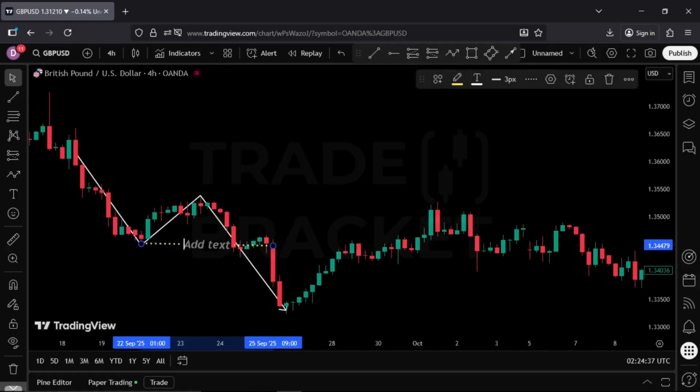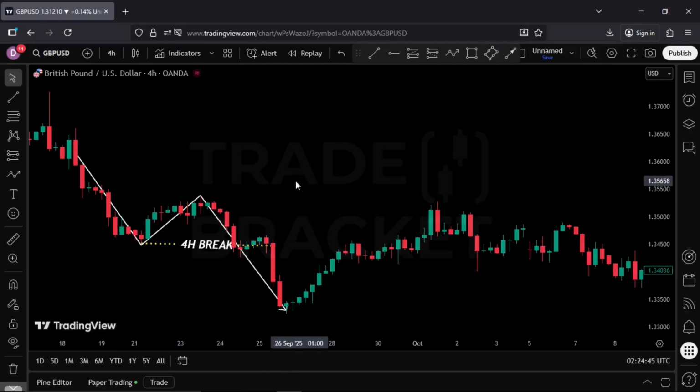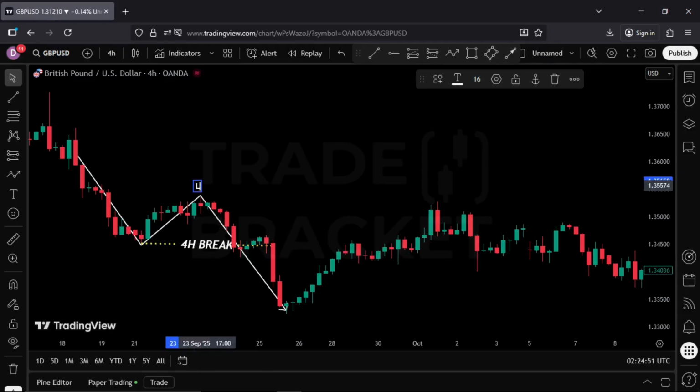So the overall bias of the market, let me go ahead and label this. This is the 4-hour break. What that means is this would be our 4-hour lower high, and this right here will be our 4-hour lower low.